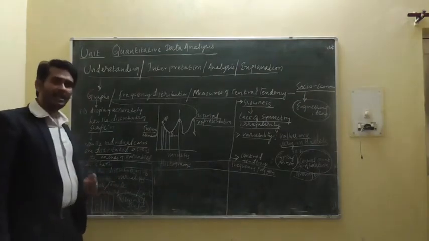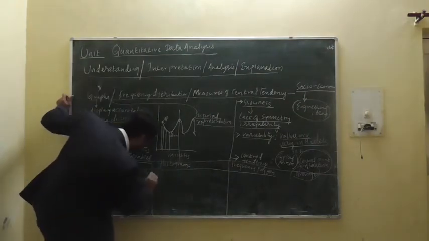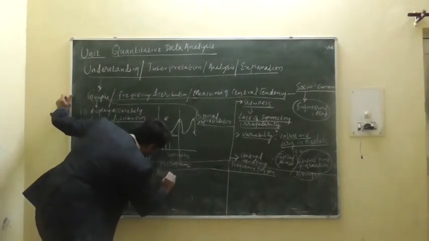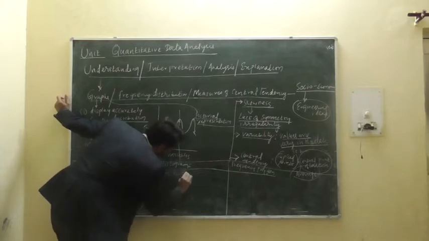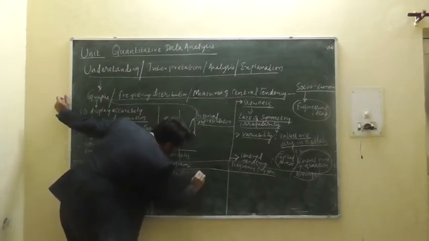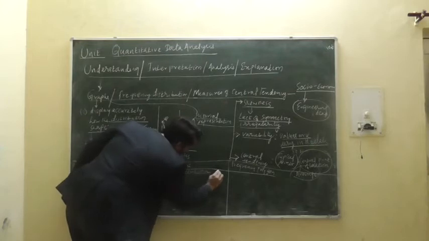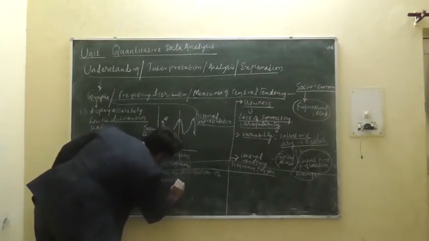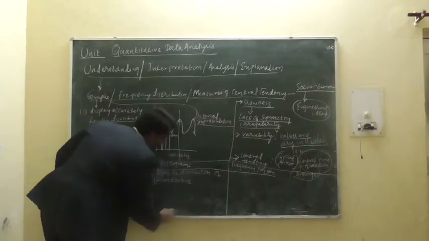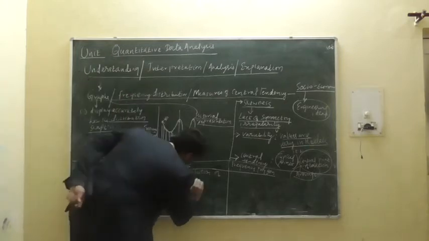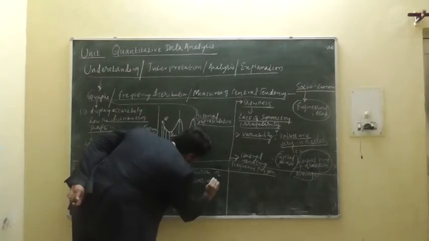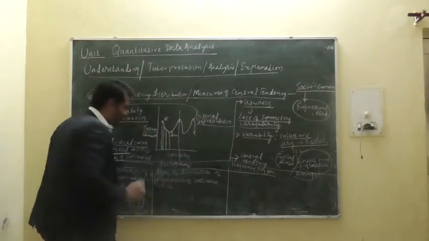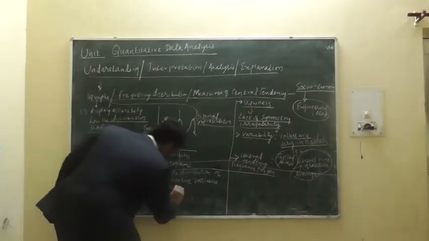The second type is the histogram. The histogram is used to display the distribution of quantitative variables which vary in a continuum.